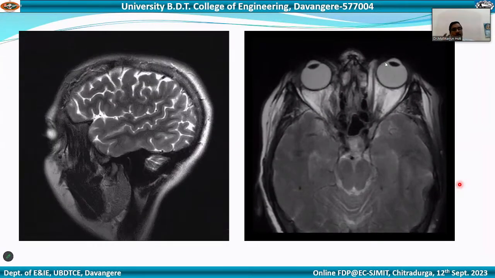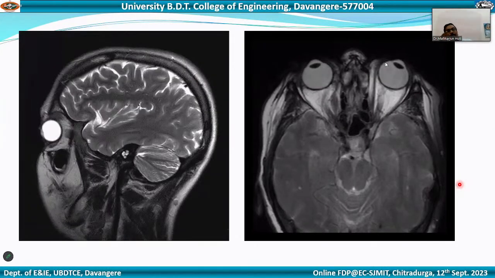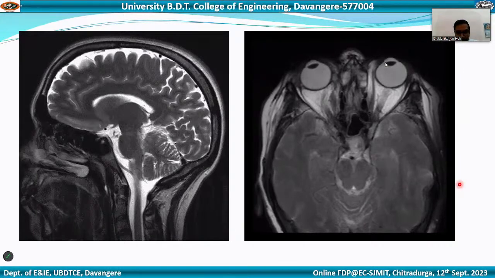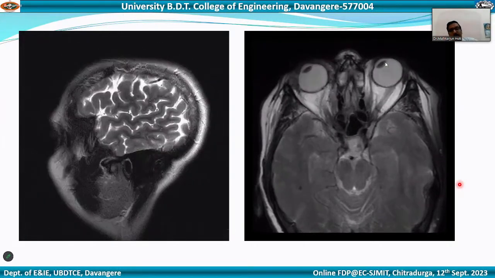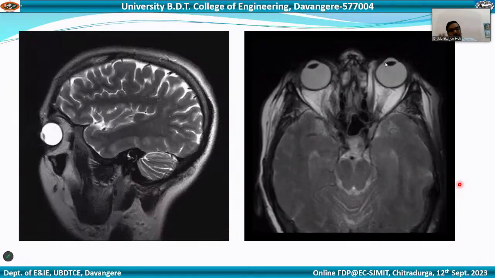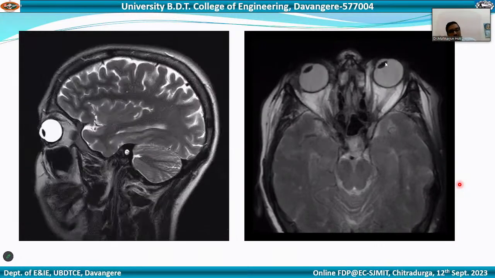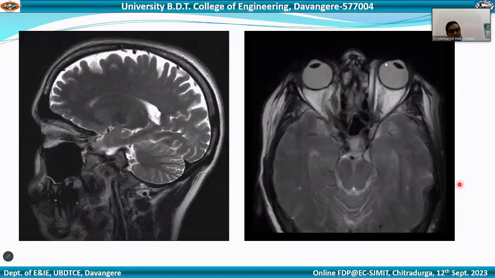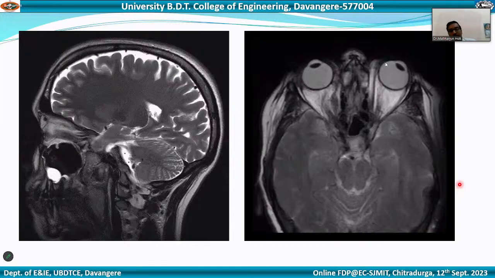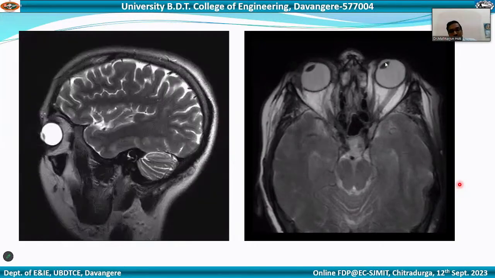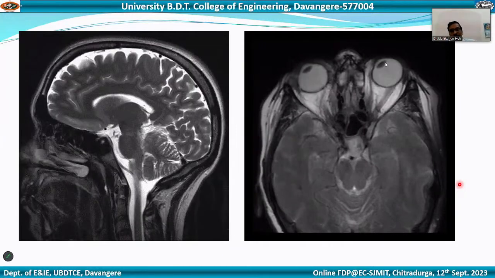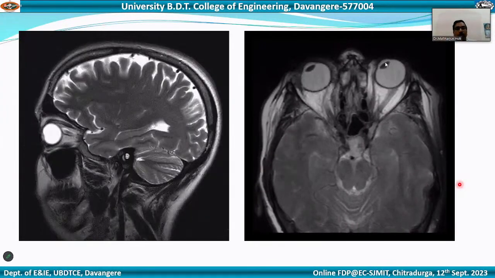When you compare CT and MRI, MRI can provide better resolution of the soft tissues. CT provides very good contrast between hard tissue and soft tissue, but the contrast among the soft tissues in CT may not be very good, whereas the contrast you get among soft tissues is extremely good in the case of MRI.